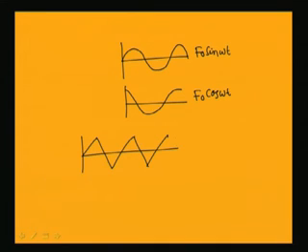When it is periodic but not harmonic, like in the case of this triangular wave, we can apply the Fourier series to convert it to harmonically excited terms.